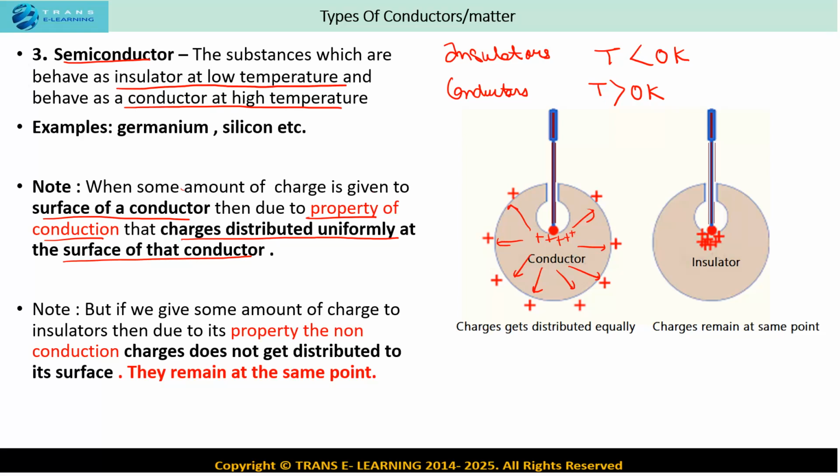Whereas in the case of an insulator, when some amount of charge is given to the insulator, then due to the property of non-conduction, charges do not get distributed over its surface. You can see here that the charges are accumulated here only. They are not going to distribute, they will remain at the same point. This is the main important concept about the conductors as well as the insulators.